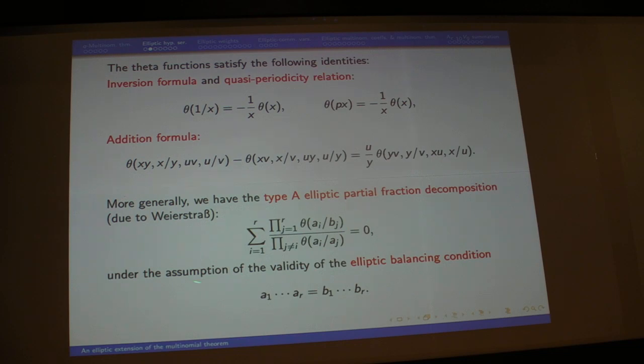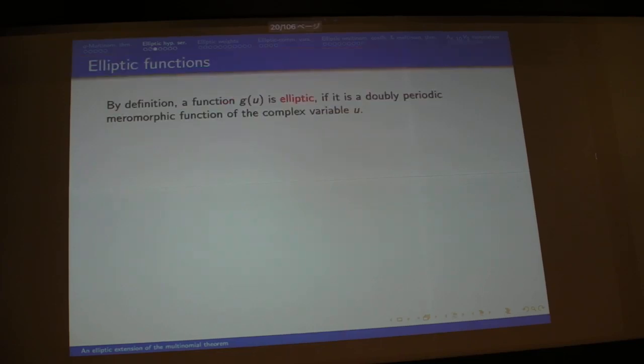You will also see this very often. This is an elliptic balancing condition, or maybe just a balancing condition, such that applying this quasi-periodicity rule, the contributions in the numerator and the denominator cancel. That's more or less what this tells us, with each term similarly.